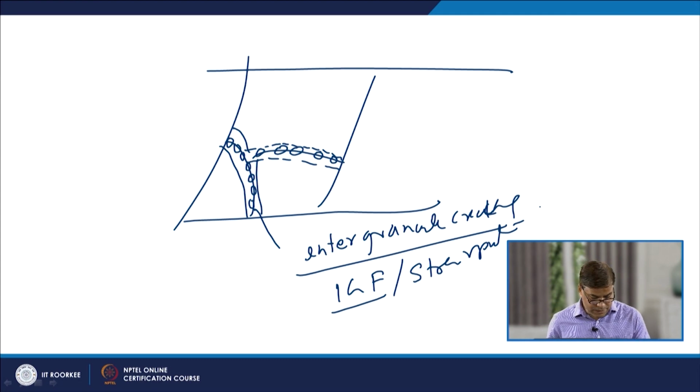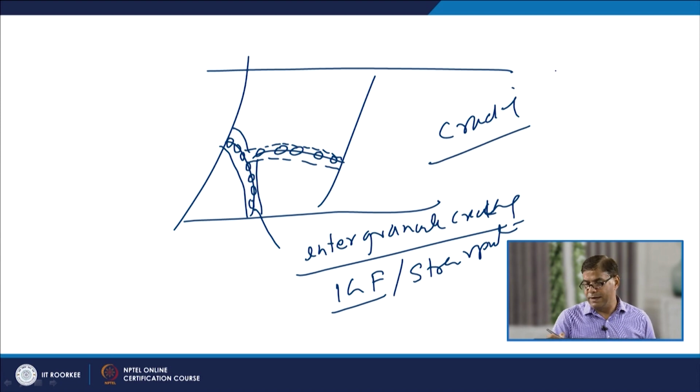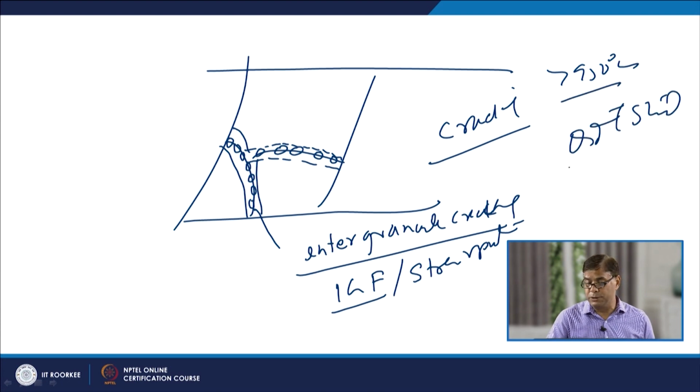So, this is that kind of cracking which is promoted by high temperature exposure above 950 degree centigrade of the Q&T steel weld joints. We need to be very careful and this aspect must be investigated.